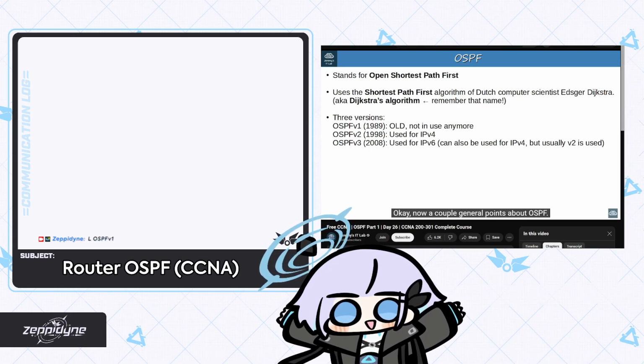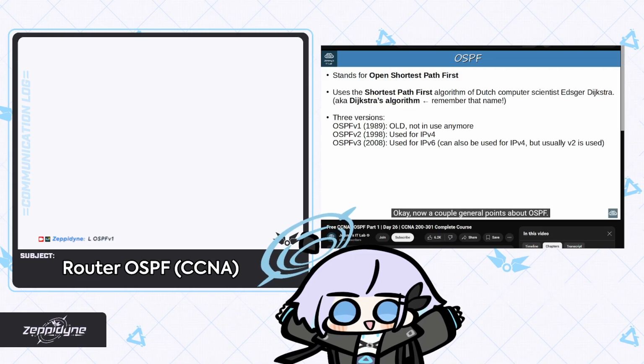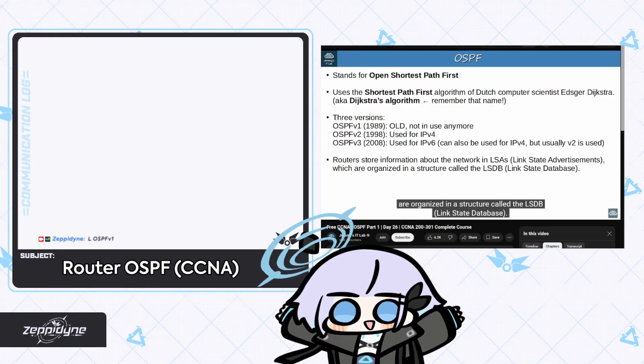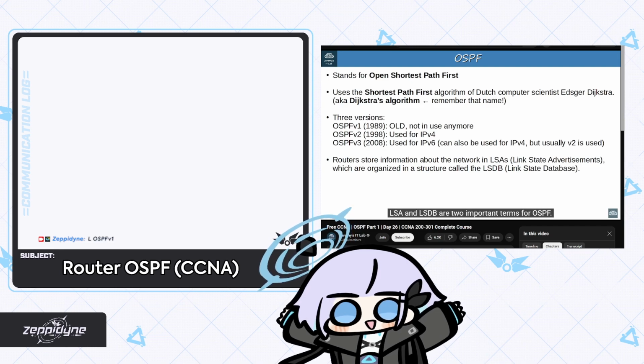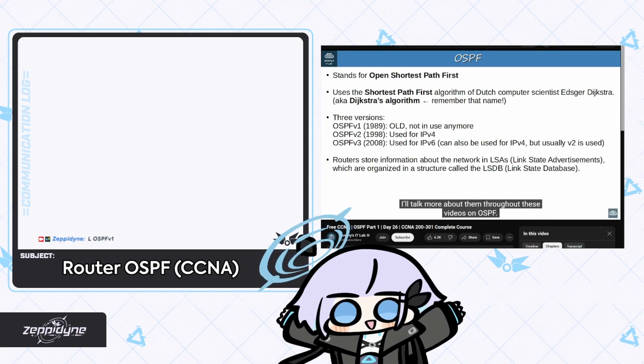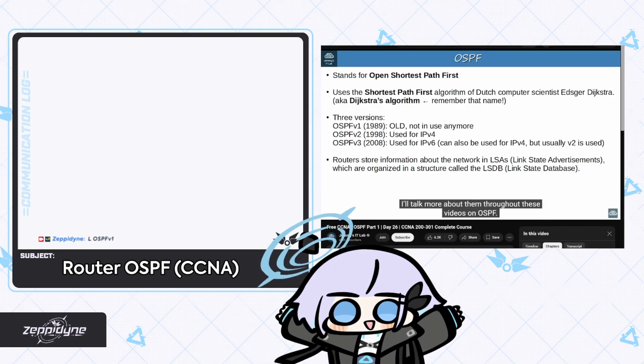Okay, now a couple general points about OSPF. Routers store information about the network in LSAs, link state advertisements, which are organized in a structure called the LSDB, Link State Database. LSA and LSDB are 2 important terms for OSPF. I'll talk more about them throughout these videos on OSPF.